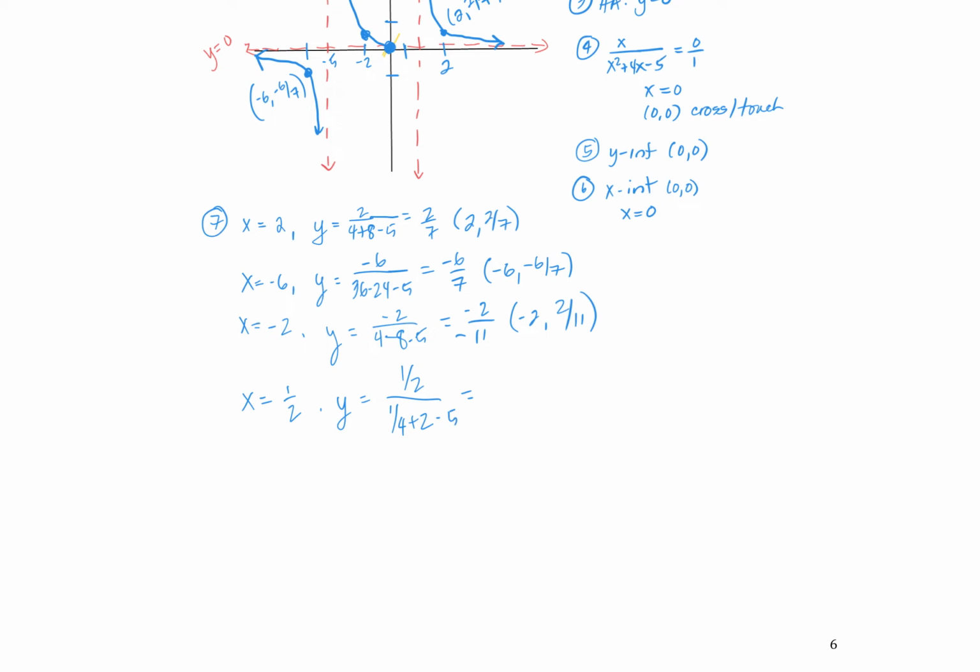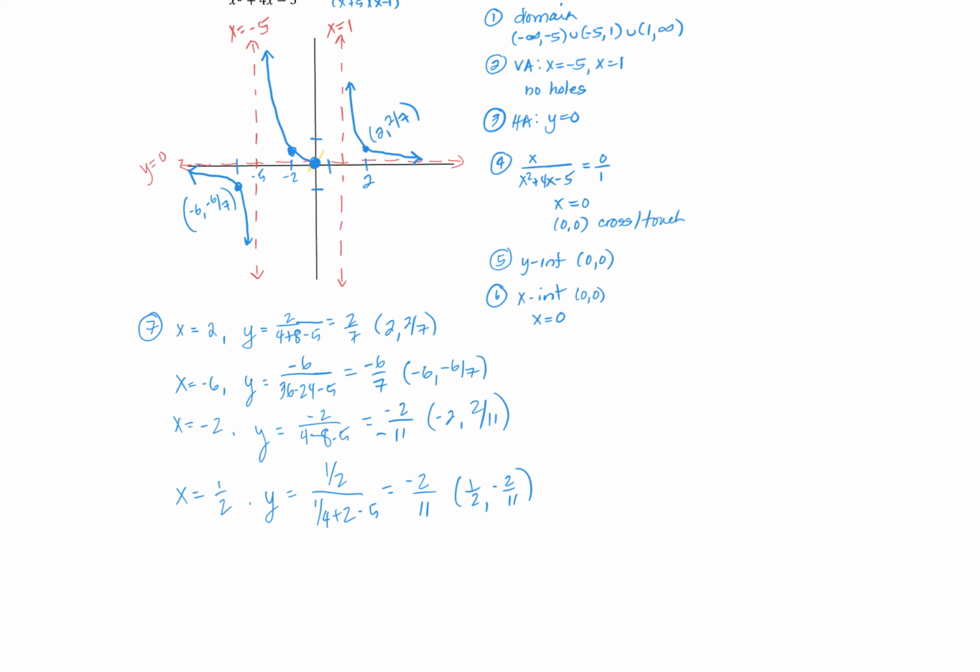Fractions always kind of get me a little squirrely. If I put that in a calculator and then hit my fraction decimal key, I get negative 2 over 11. So I cheated. x was 1/2, y was negative 2 over 11.